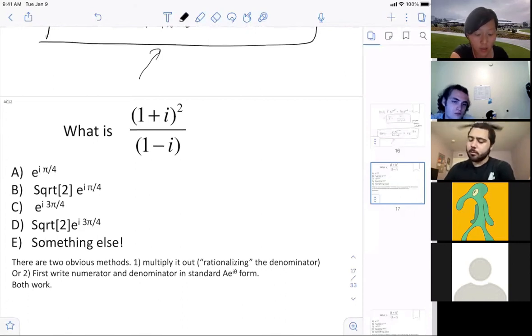One is multiplying it out. One is writing the numerator and denominator in the standard A times e to the i theta form. Both of these would work. I will give you a couple minutes to discuss with others, and then you can talk about your thoughts when you come back.